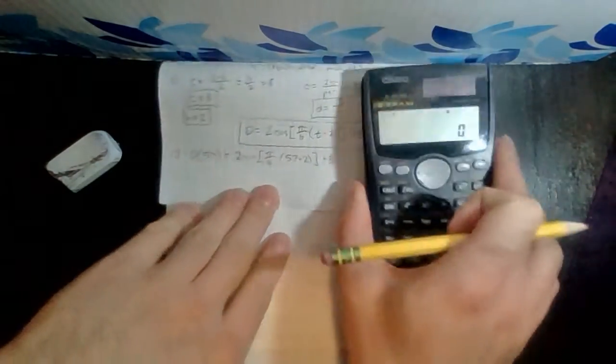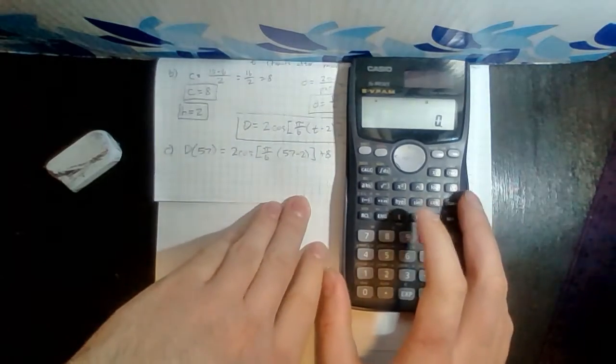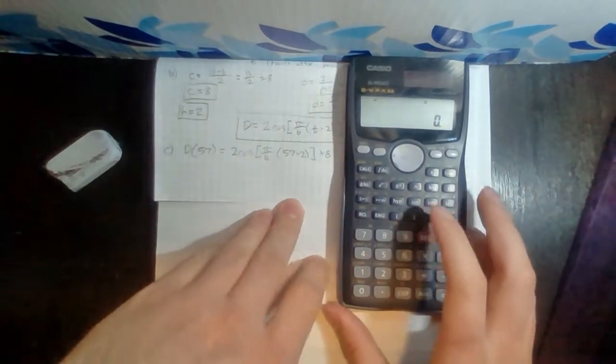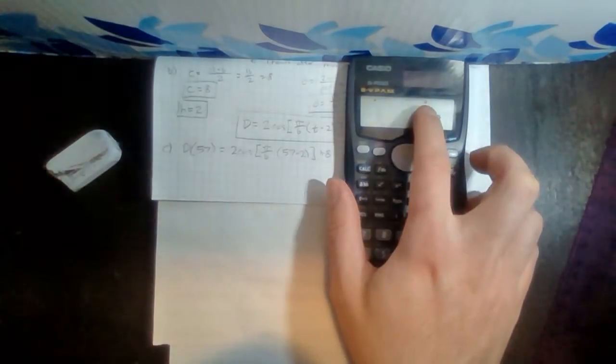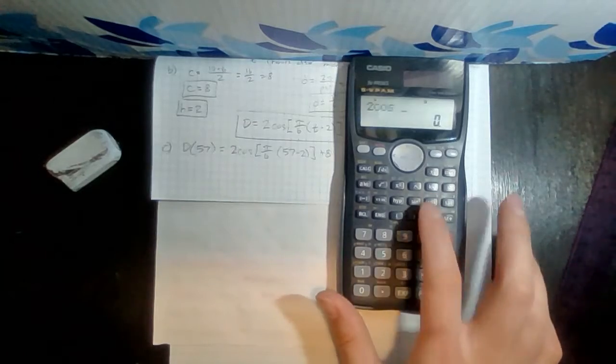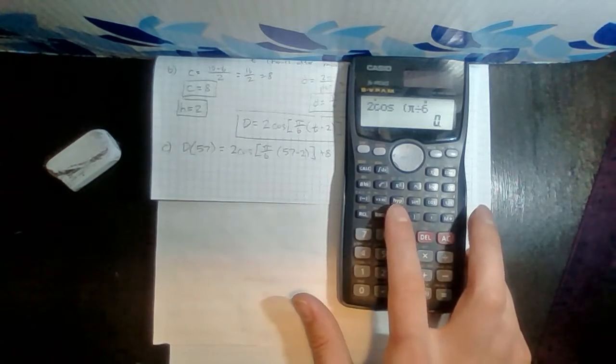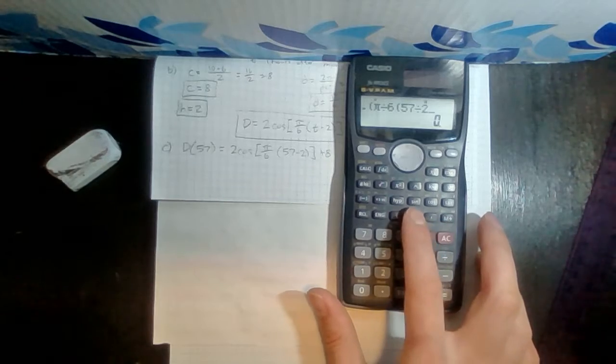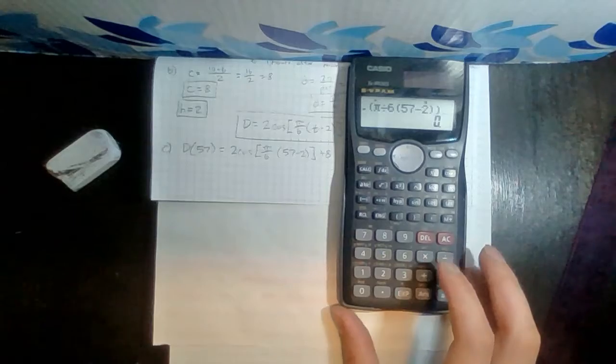You can simplify steps if you'd like, or you can do it all at once. Just be careful with brackets. Again, make sure your calculator is in radians mode. But we're going to do 2 cos of 3.14 or pi over 6 times 57 minus 2, minus, not divide, all of that plus 8.